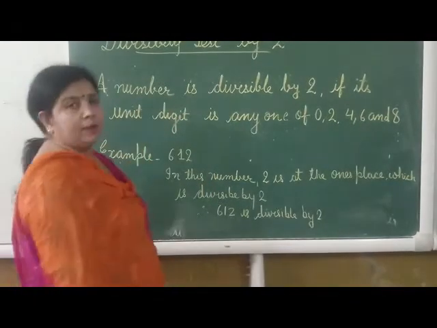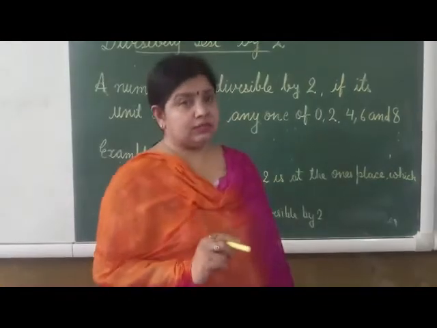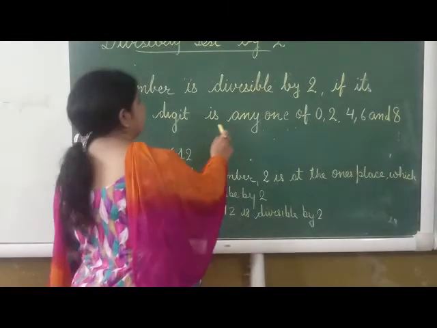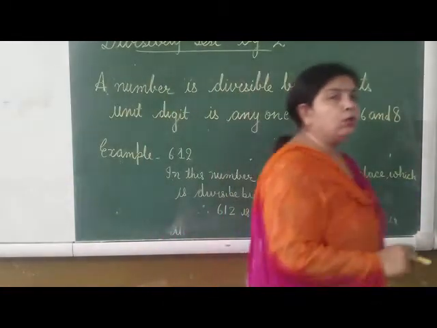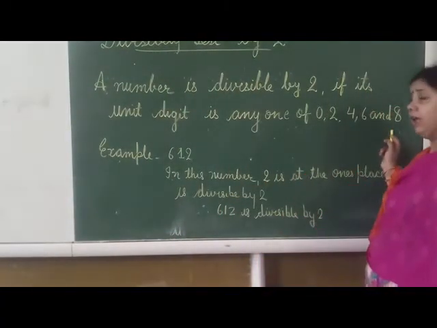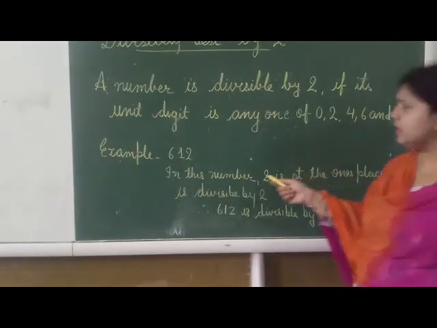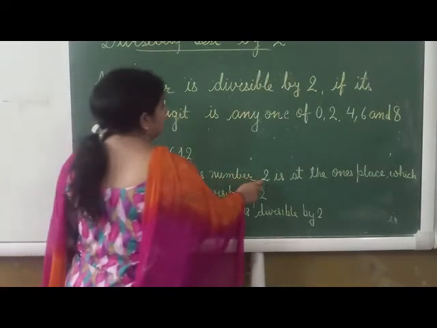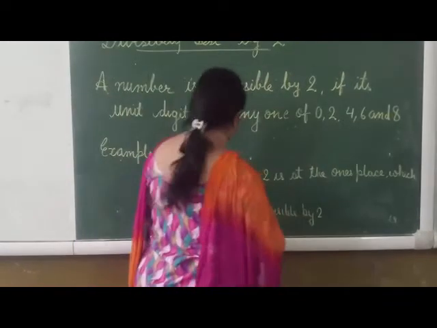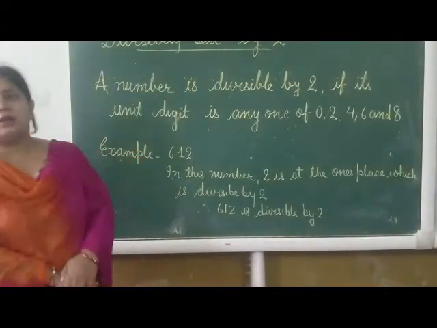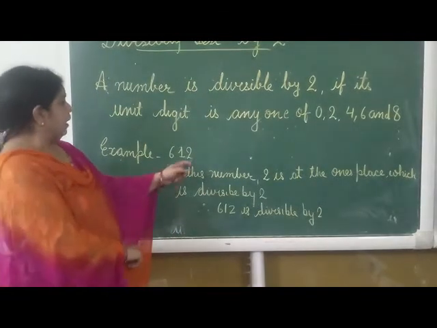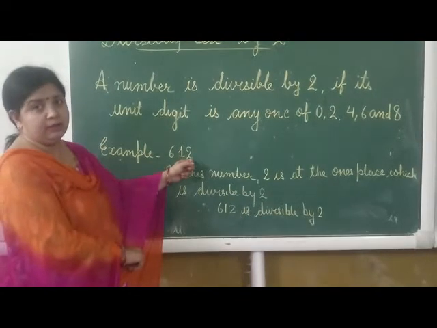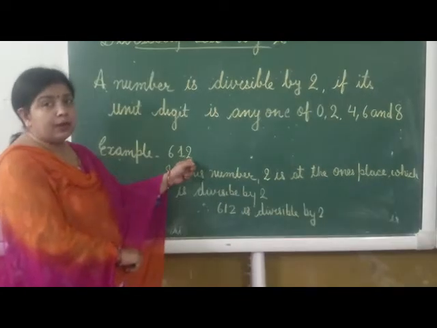A number is divisible by 2 if its unit digit is any one of 0, 2, 4, 6 and 8. You can see the example 612. In this number, 2 is at the ones place, which is divisible by 2, because its unit digit 2 is divisible by 2.